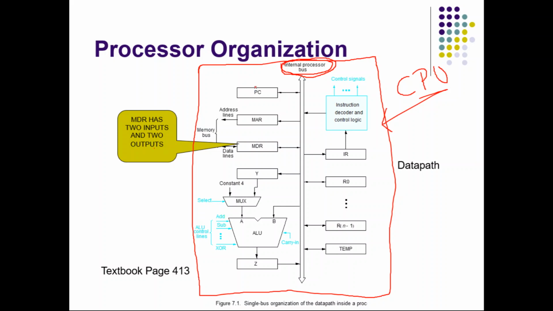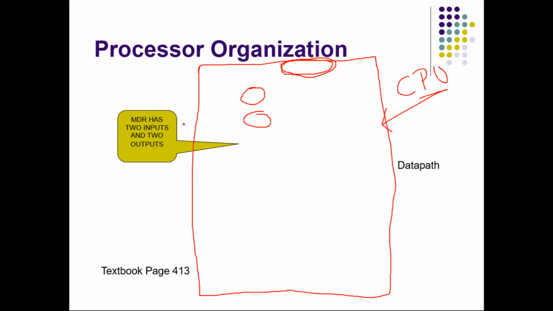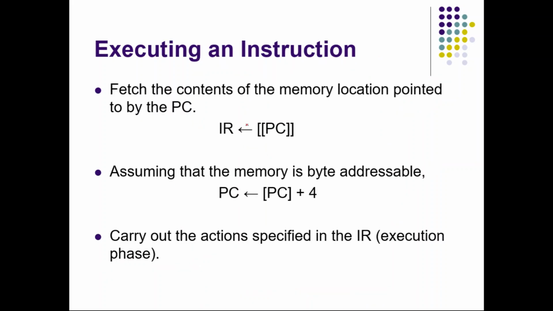There is a program counter. There is the memory address register, which we already discussed, which will hold the address from where the data is to be read or to which it is to be written. In the previous slide we discussed that PC contains the address of the next instruction to be fetched, and it will be fetched and stored in IR.